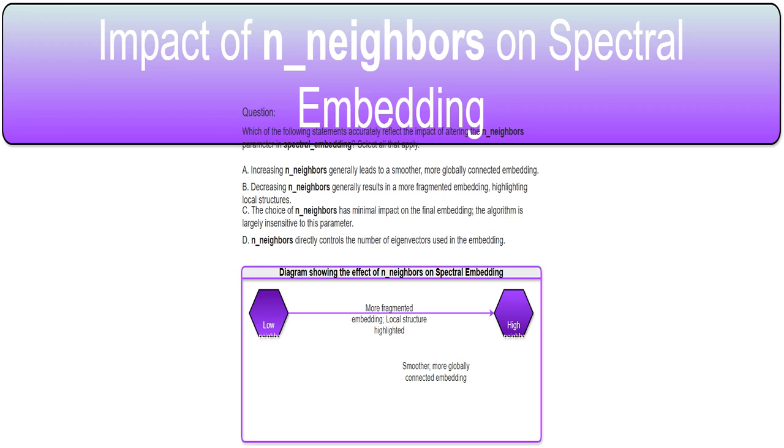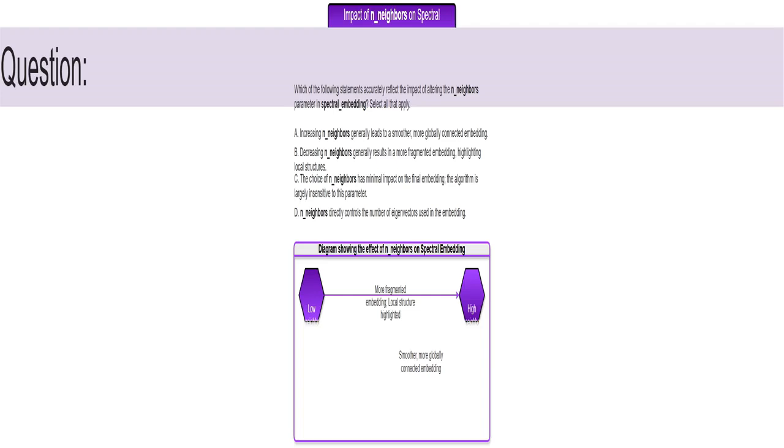Pretty cool, huh? I'm posing this question to check your understanding of how n_neighbors affects the spectral_embedding function. We'll examine how changing the number of neighbors considered affects the final embedding of the data. This will reveal your grasp of the core concepts. Get ready to test your knowledge.